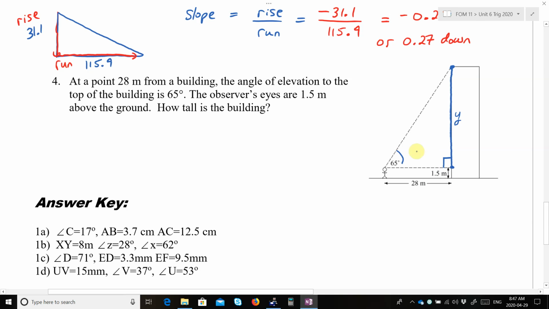Okay, so let's figure out y first, and if we've got this 65-degree angle, that is the opposite side, and this is 28 still, and we know that across from the 90 is the hypotenuse, so the 28 is the adjacent. So we have the adjacent, and we are looking for the opposite side. Opposite and adjacent comes from tan. So tan of 65 degrees equals the opposite is y.